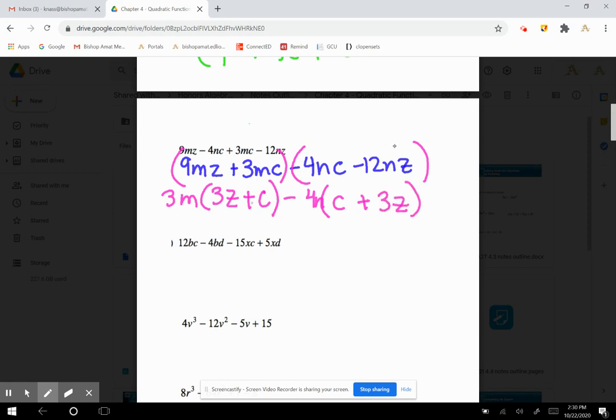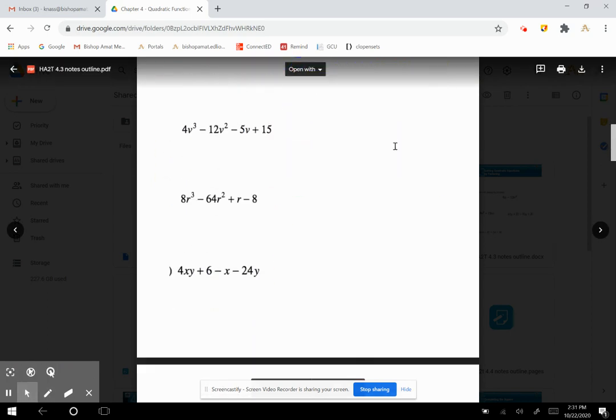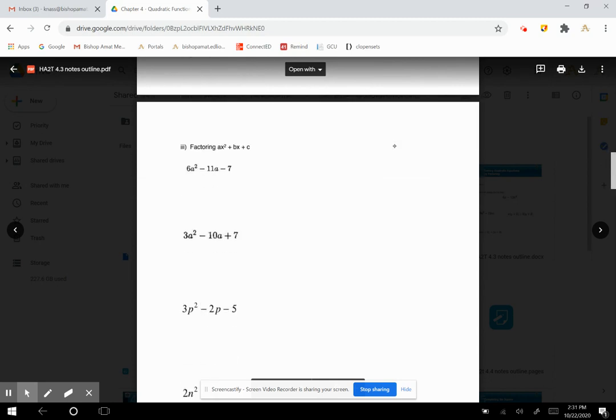Now, I know these aren't written inside the parentheses in the same order, but you just want to make sure that they are the same. The 3z's are both positive and the c's are positive, so you're good to go. My answer is you pull out 3m minus 4n, you put those together, and then you have c plus 3z. We'll practice more grouping once we get to here.